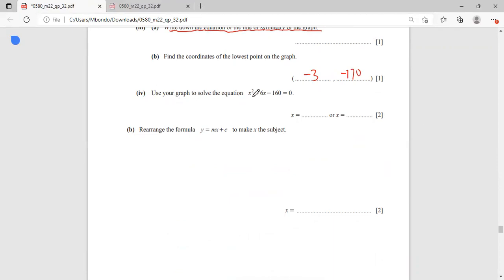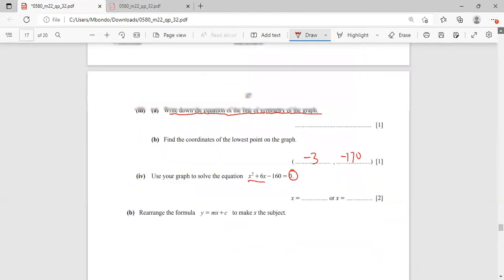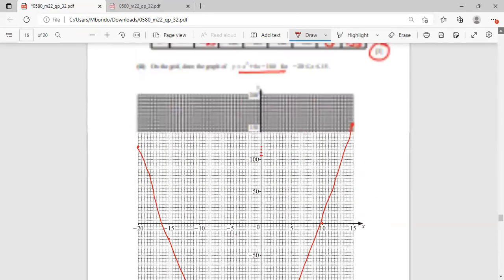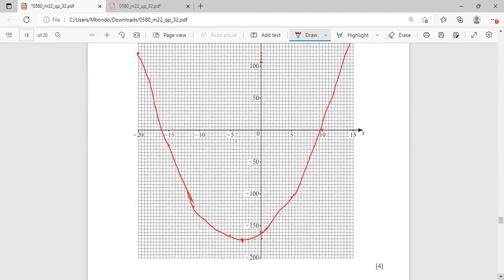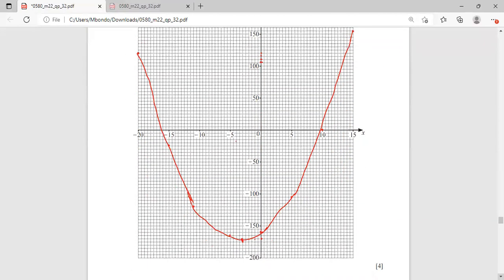Then use the graph to solve the equation. So this is very simple. Where y is equal to 0, what is x? So you know that where does y cut the x-axis?